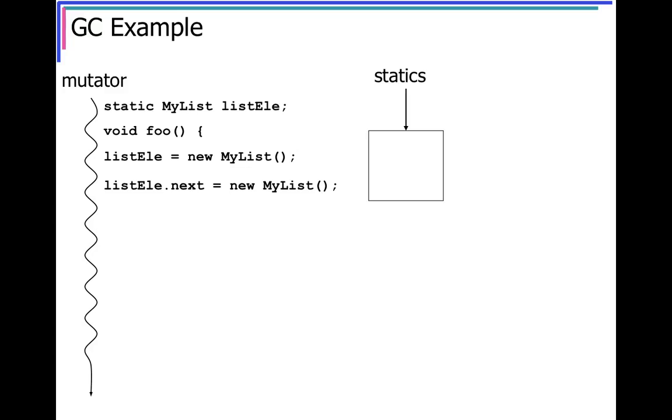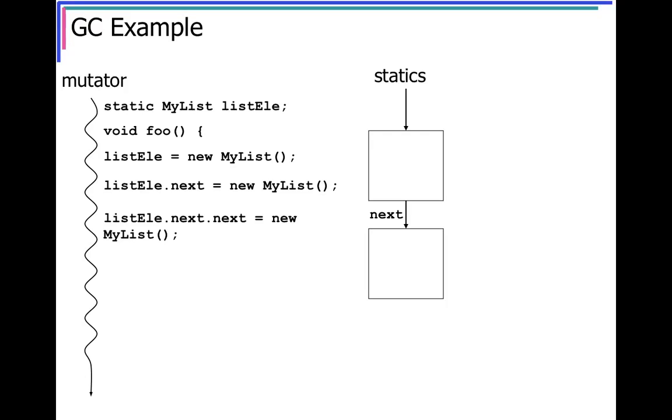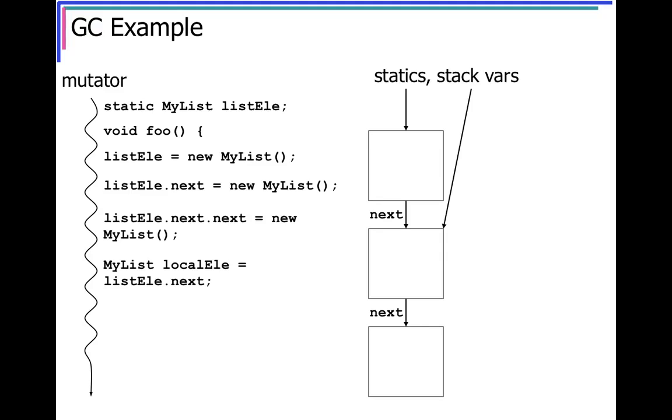Next thing we do is we allocate a new object of type myList, and we store its address in the next pointer of listLE. We repeat this a second time, so now we have 3 objects out in the heap, all reachable from each other. The next thing we do is we create a local variable called localLE, and we have it refer to the address that's stored in listLE.next.